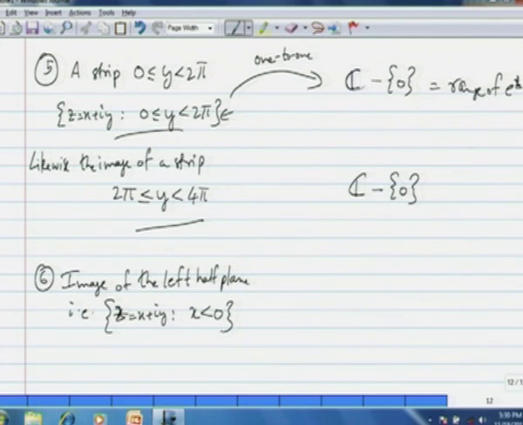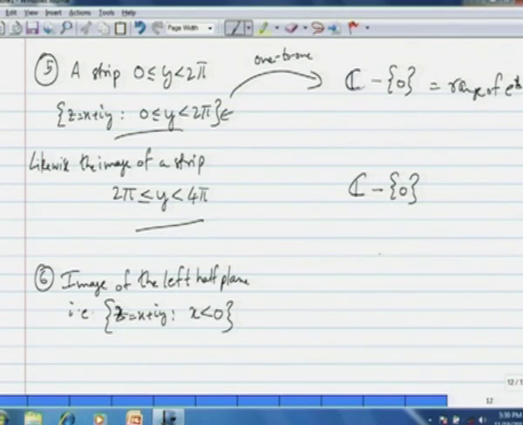So, left of the y axis, the left half plane, the image of this is the unit disk, the set of all z such that 0 is strictly less than mod z strictly less than 1. So, this is the unit disk minus the point 0; of course, the point 0 is not in the image of e power z.